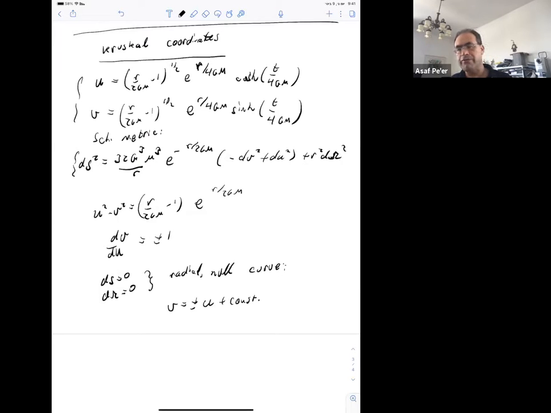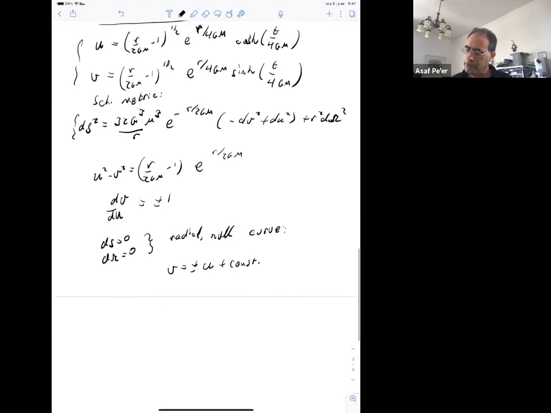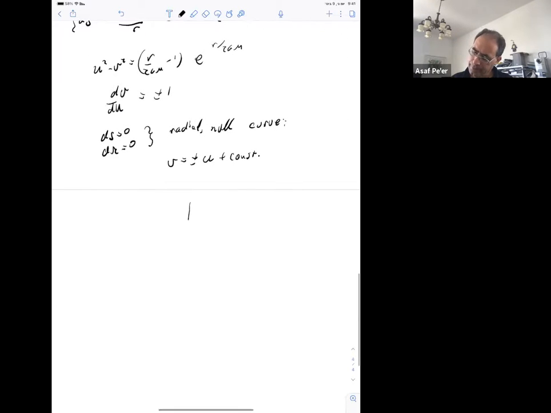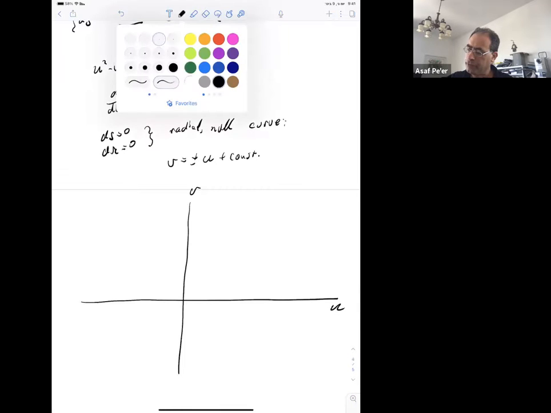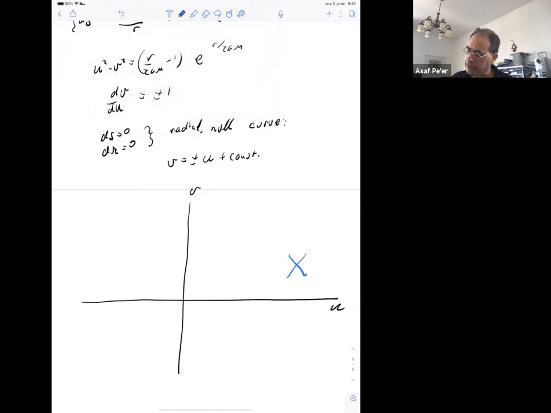So exactly as they look in flat space. So everywhere in these Kruskal coordinates, regardless of where we are, the light cones will always look exactly the same. Doesn't matter where we are.